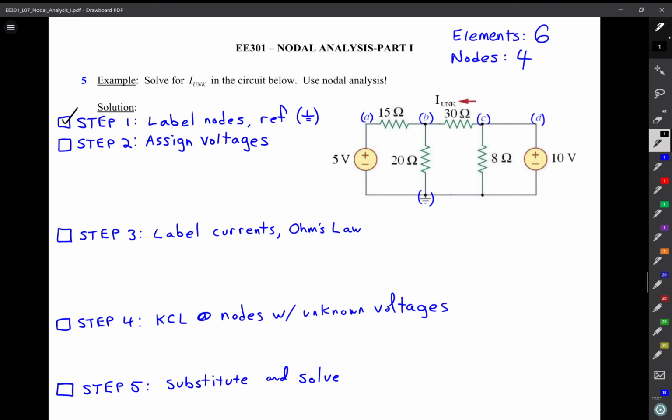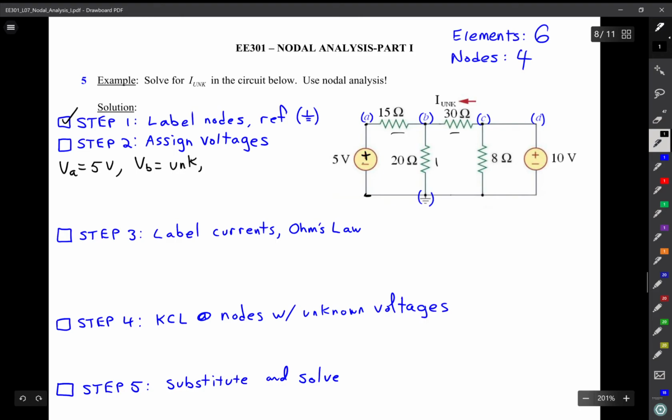All right, so let's take a look at what VA is. VA is equal to, well, again, the minus is at the ground and the plus is at the A. So the voltage from A to ground is 5 volts. The voltage at B, V sub B, is equal to, well, let's see. I've got another 3 resistors, 1, 2, 3, that are connected at node B. And so I don't know what the voltage at node B is at the beginning of the problem.